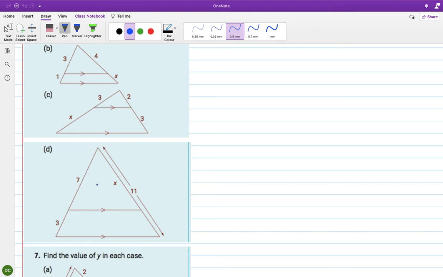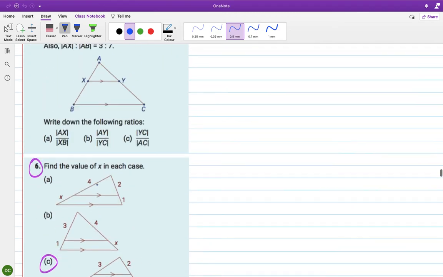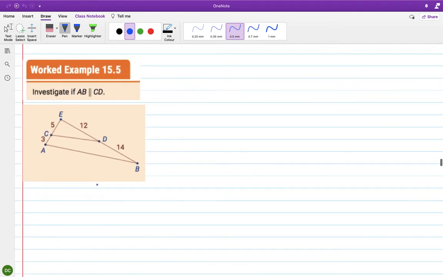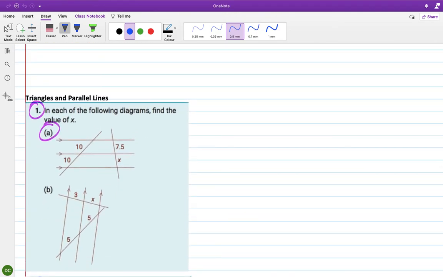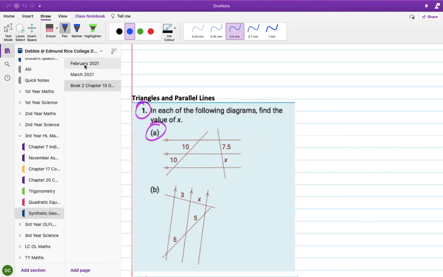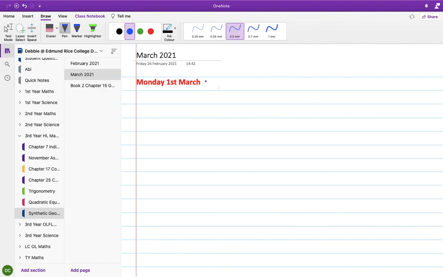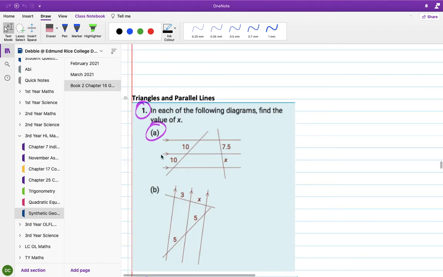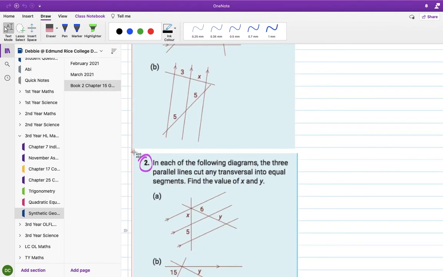Question 6, and we're going to do C and D. Okay, so we have two questions using the first theorem, and then two questions using the second theorem.